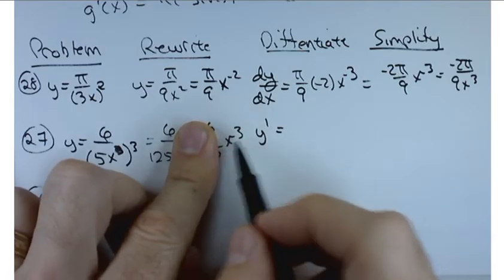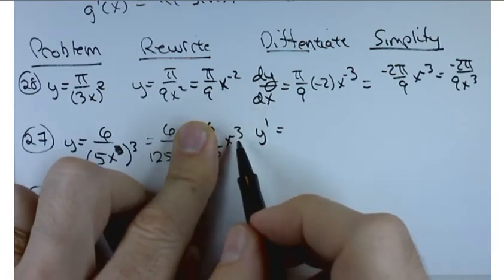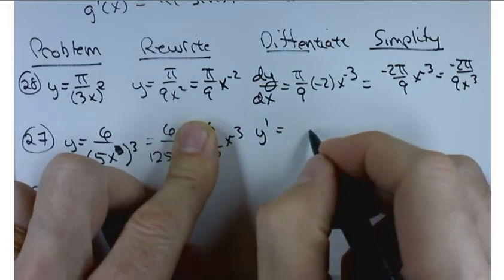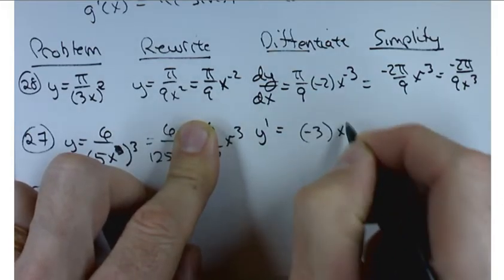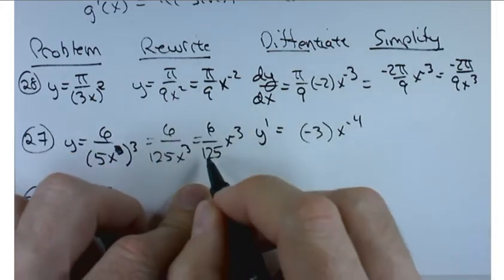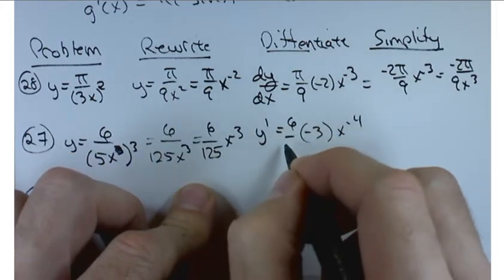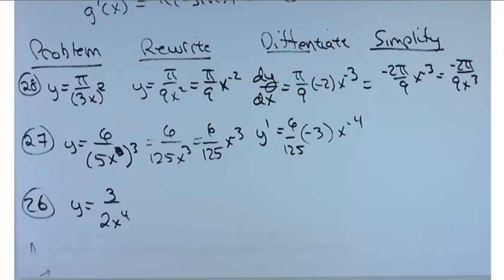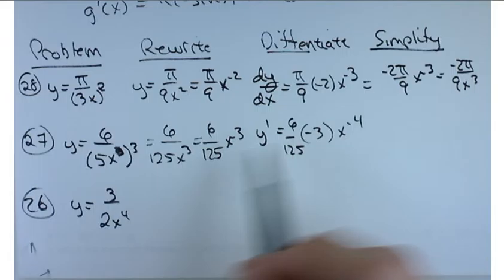I just need to find the derivative of x to the negative third. So the derivative of x to the negative third is -3 times x to the negative fourth. But that constant is still out in front. So that's 6 over 125 times -3 x to the negative fourth. I differentiated it.